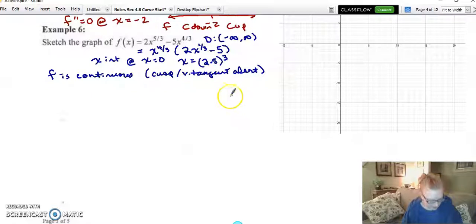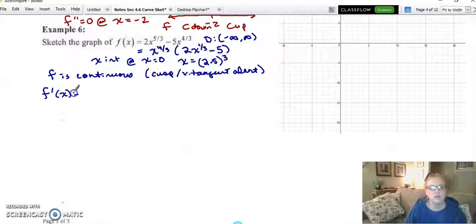We'll see that when we take the derivative and see whether or not the derivative has any discontinuities, because of the domain being negative infinity to infinity. So let's find our first derivative.